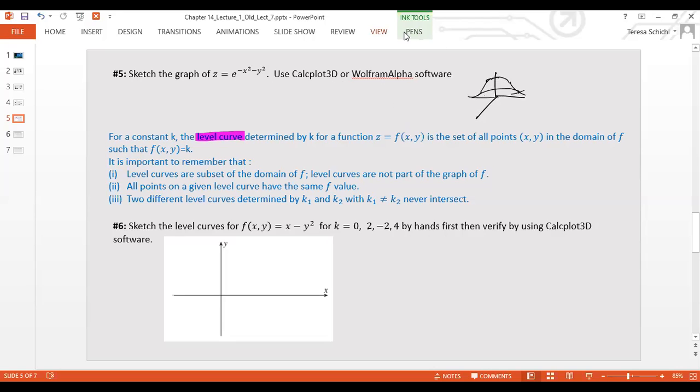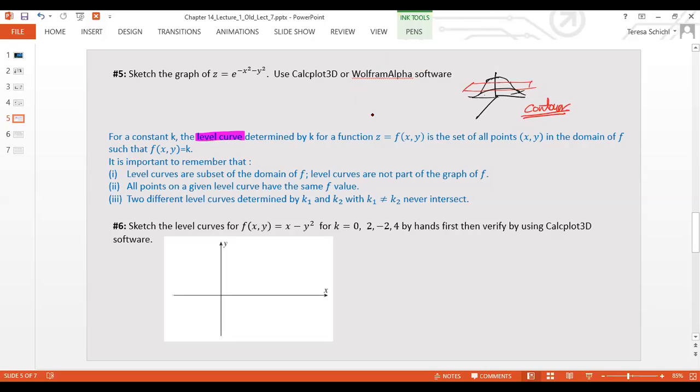So you cut it, then you see what the trace looks like, okay? And some people call this the contour plot, right? So it's a contour plot.